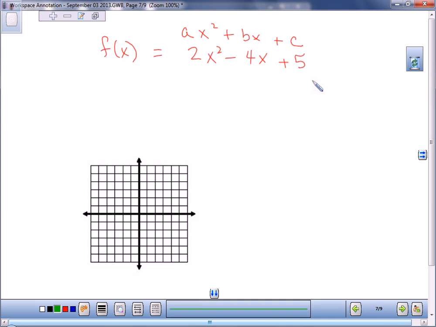The x value at the vertex is equal to the opposite of b over 2 times a. So this is my A, this is my B. So if I did the opposite of B, what would that give me? 4 over 2 times my A, which is 2. So what is the x value at the vertex? 1. All right, now find that y value at the vertex.